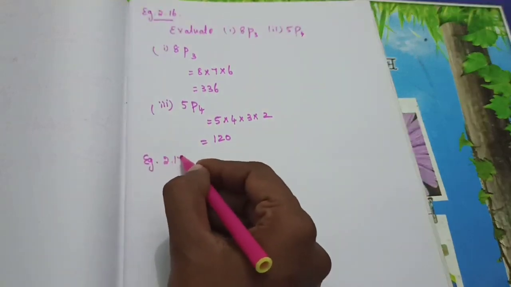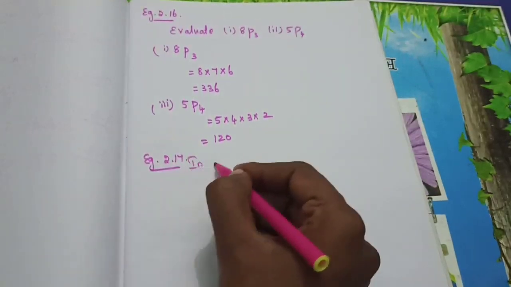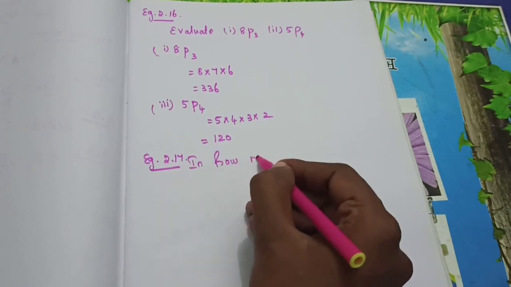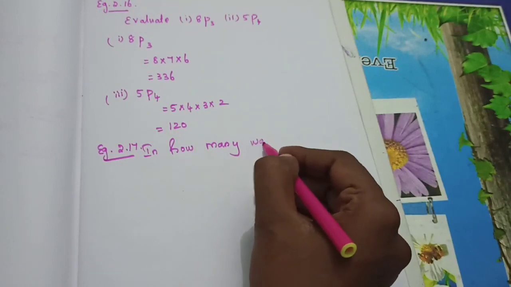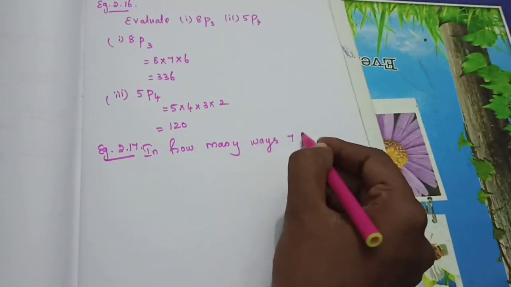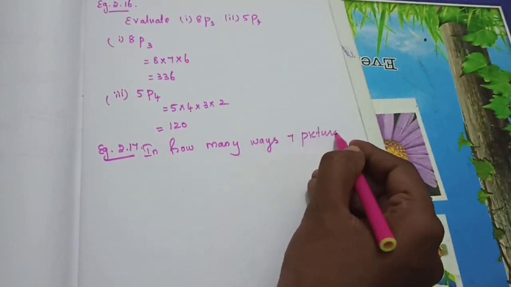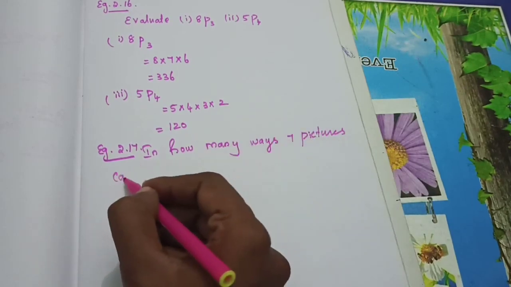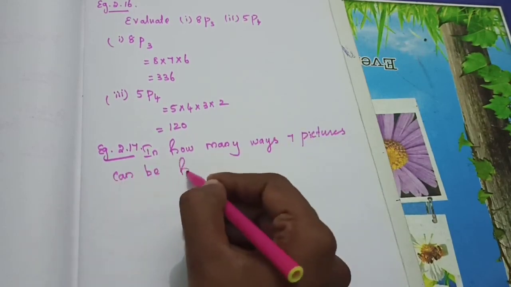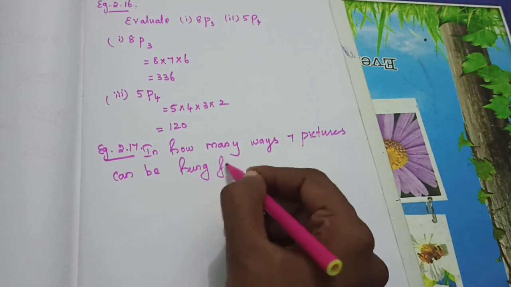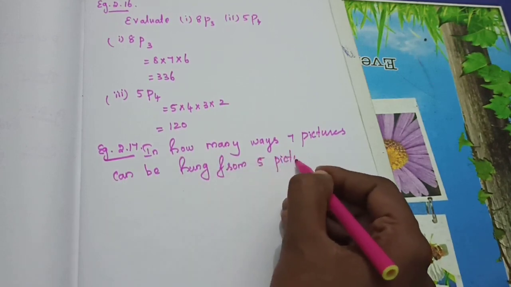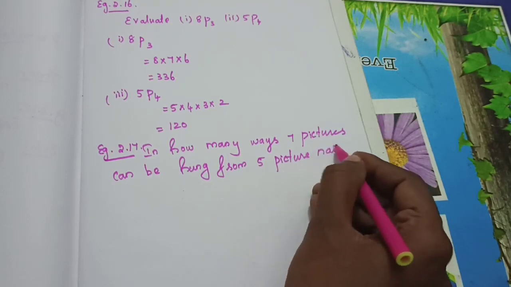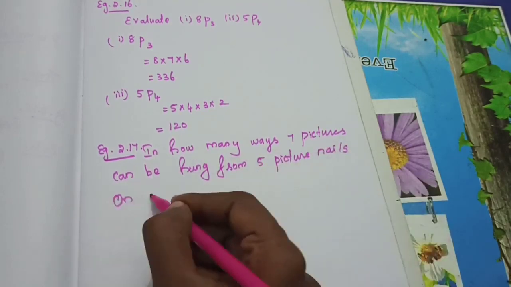Example 2.17. In how many ways 7 pictures can be hung from 5 picture nails on a wall?